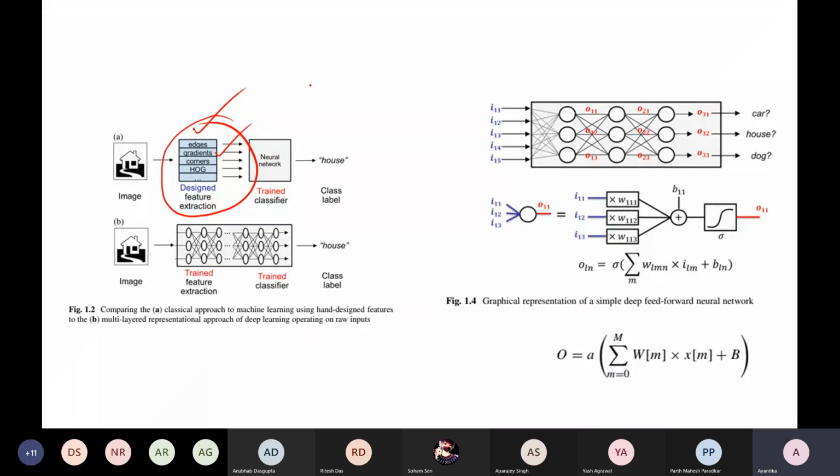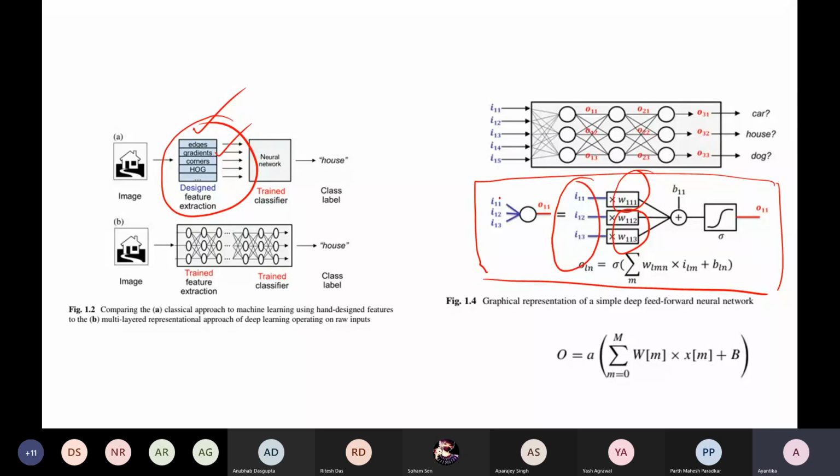Take a simple example where, based on your kernels and filter choices, you have initially chosen some weights, and you apply those weights on your input matrix.